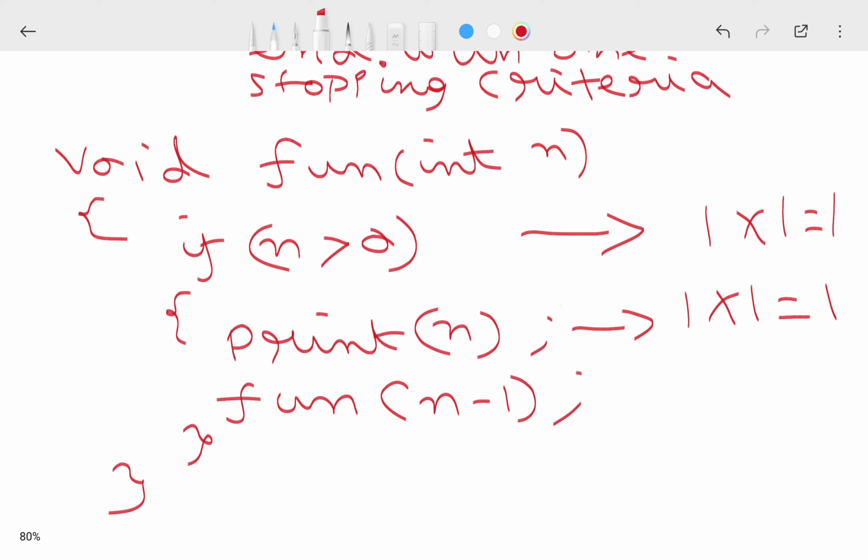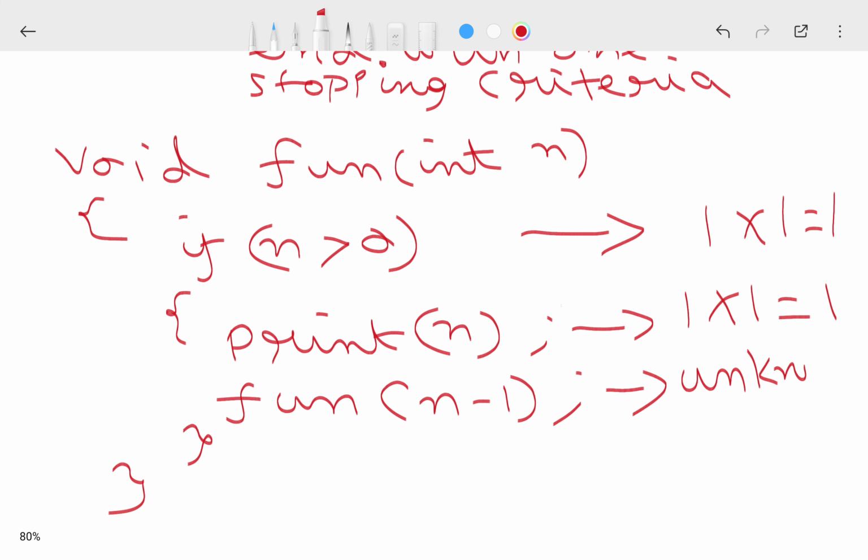But for this fun of n minus 1, we cannot determine the time needed to complete this particular function. Also we don't know how many times that particular function will be executed. This is unknown.